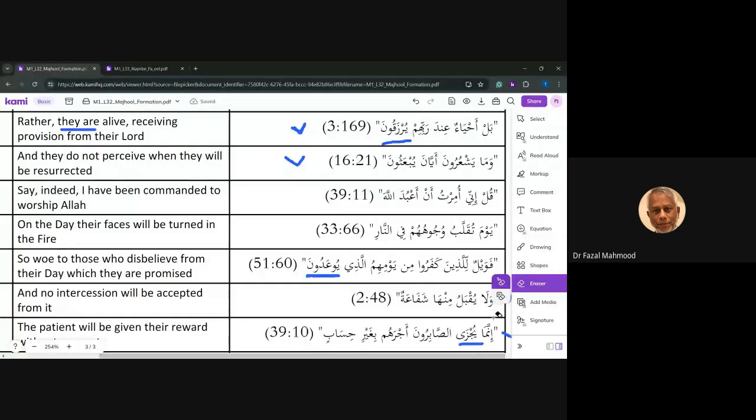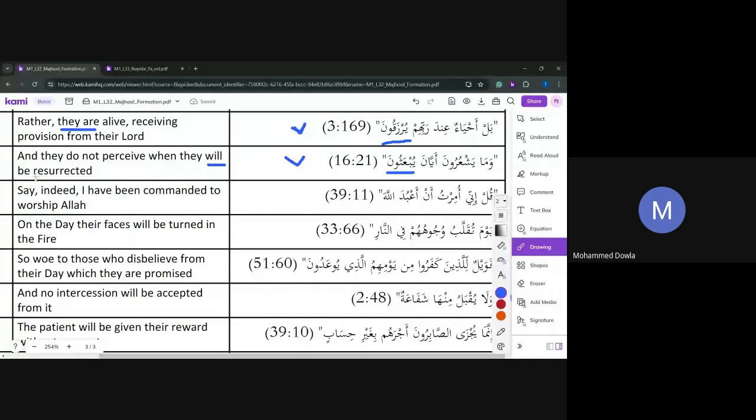Okay, next, someone else? Sister Habiba is talking. Wama yash'aruna ayyana yub'asuna. They do not perceive when they will be resurrected.